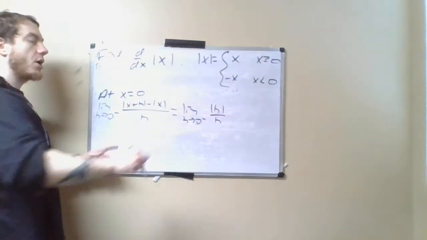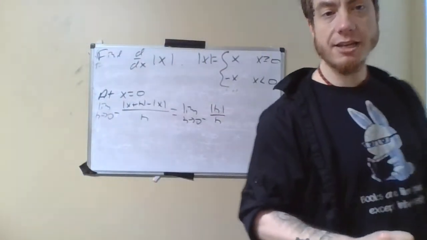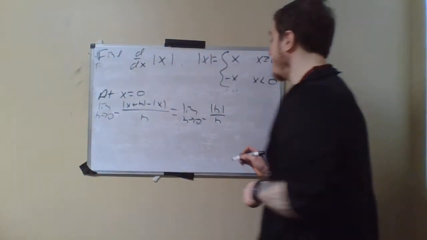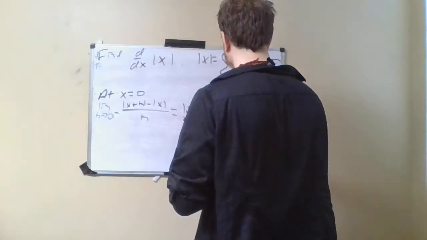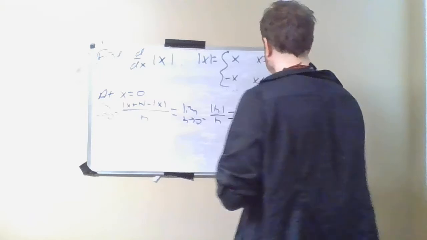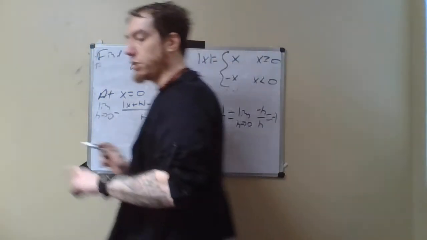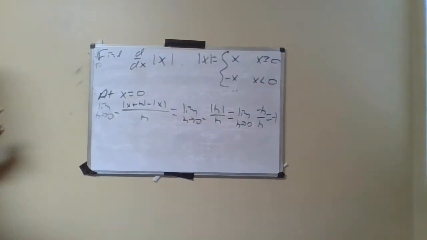The problem is, for negative h, the absolute value of h is actually going to be negative h. So this is the limit as h goes to 0 of negative h over h, and this comes out to be negative 1. So what we see is that the left-hand limit and the right-hand limit don't agree.